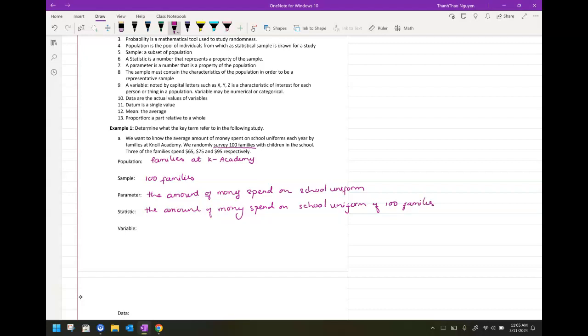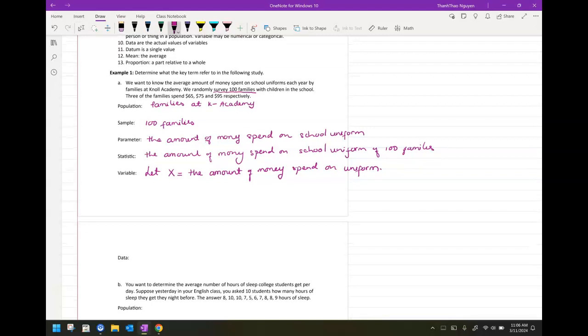Well, the variable is let X equal the amount of money spent on uniforms. And the data that we get is 65, 75, and 95.